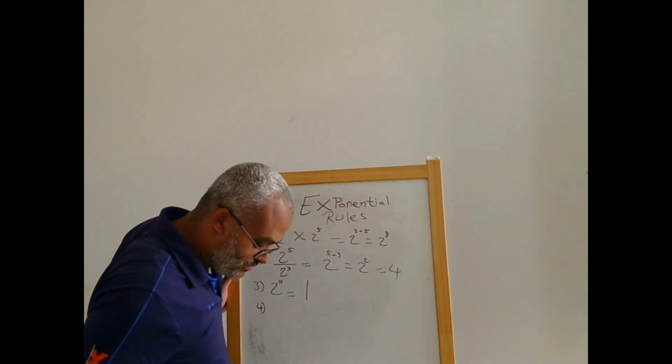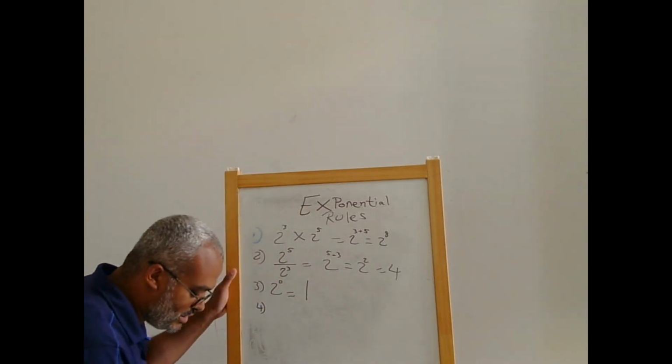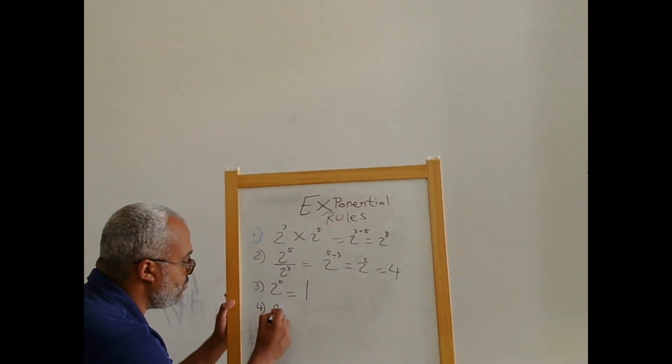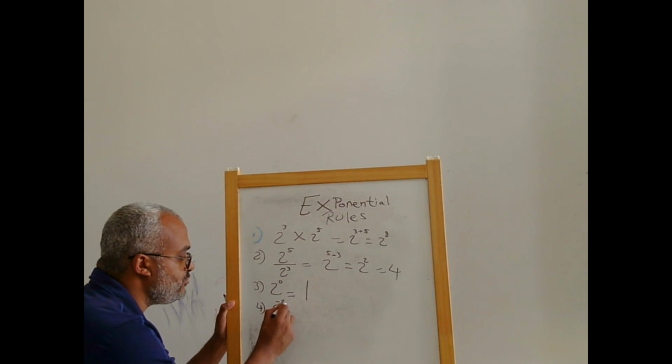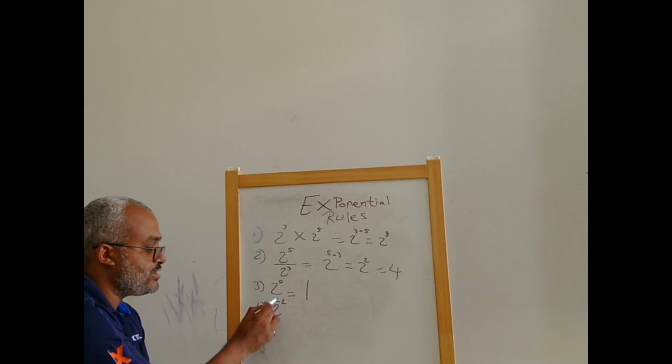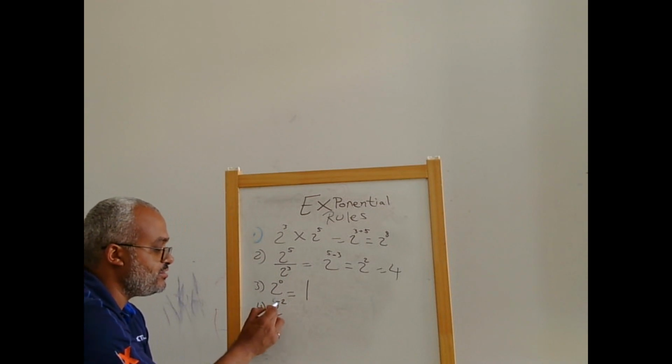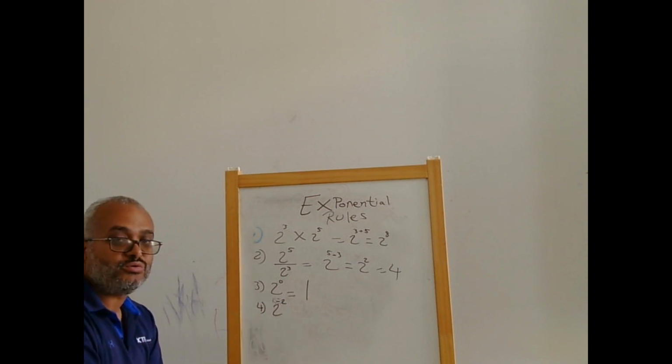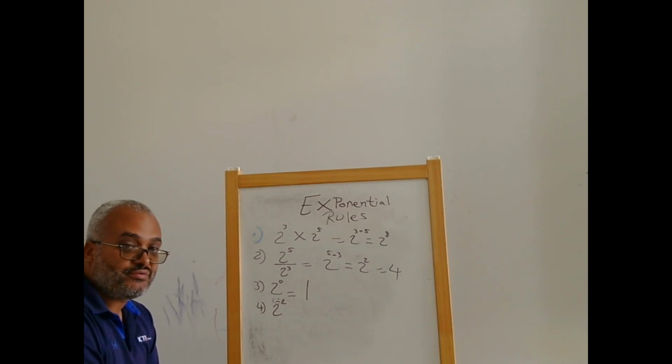Let's do 2 to the negative 2. What do we have here? This one is called the negative exponent rule, because I have a negative exponent. What do I do with a negative?